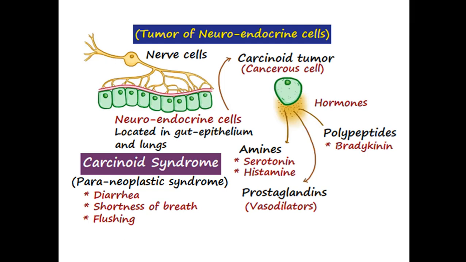In addition to tumor suppressor genes, there are proto-oncogenes which are converted into oncogenes, and they stimulate accelerated cell division.